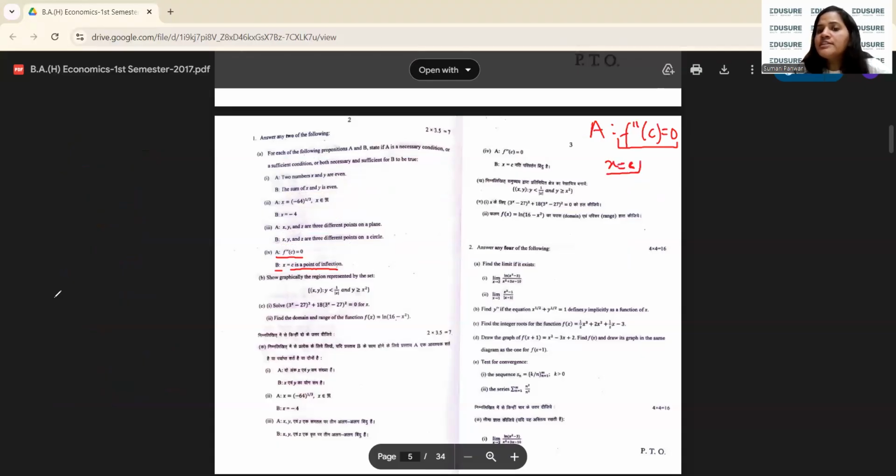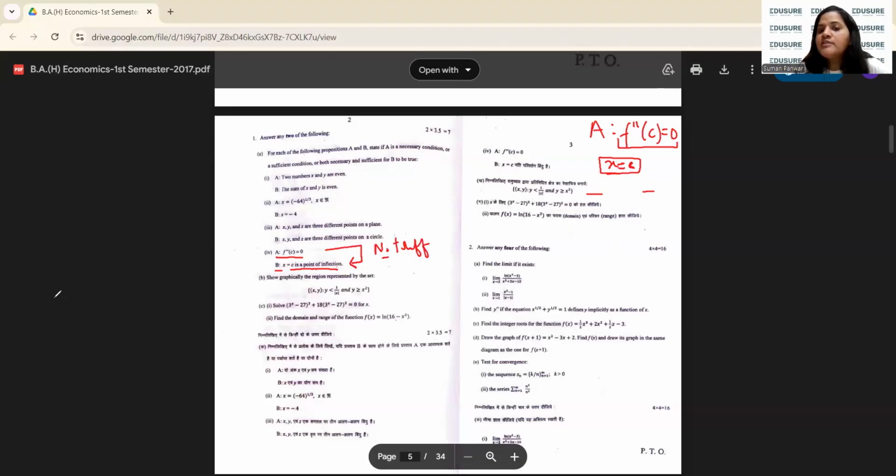X equals to C is a point of inflection only when the second derivative changes sign from the left of C to the right of C. So it might happen that the second derivative is equal to 0 at C, but the second derivative is not changing signs on the sides of C, on the left and right side of C. So f double dash C equals to 0 is not a sufficient condition for x equals to C to be a point of inflection. So not sufficient.